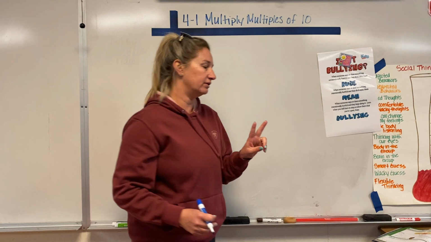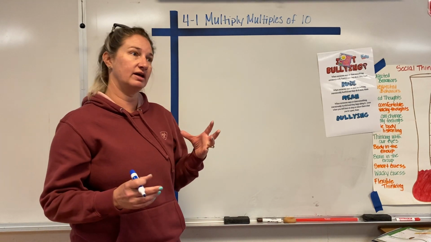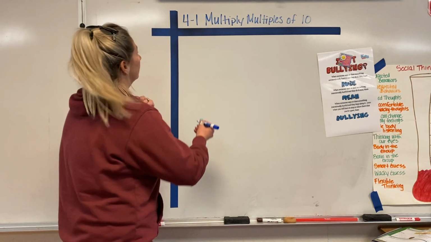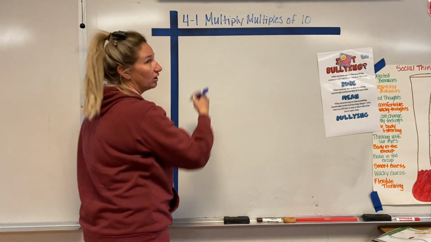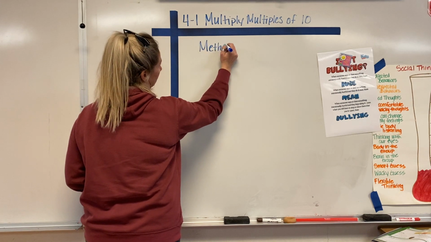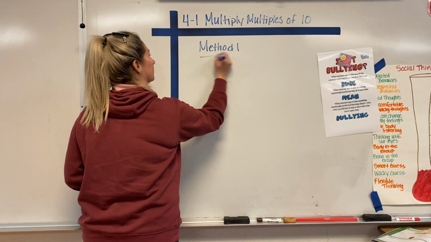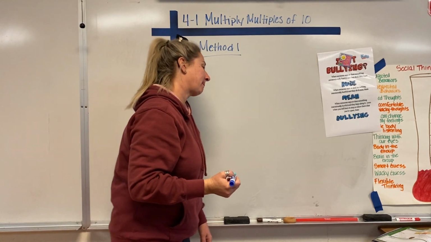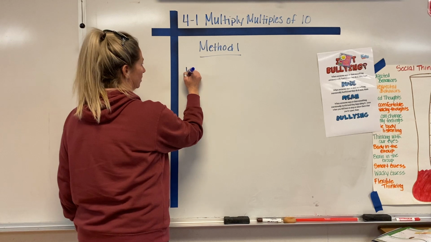So there's two strategies, two different ways that you can multiply multiples of 10 together. I'm going to call them methods. So method 1, this is the method that I prefer.